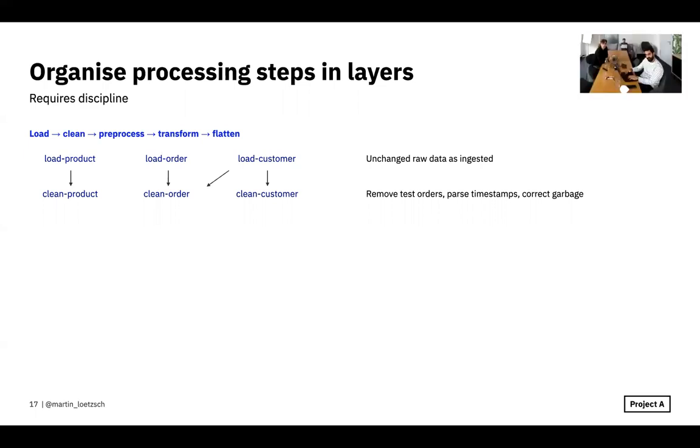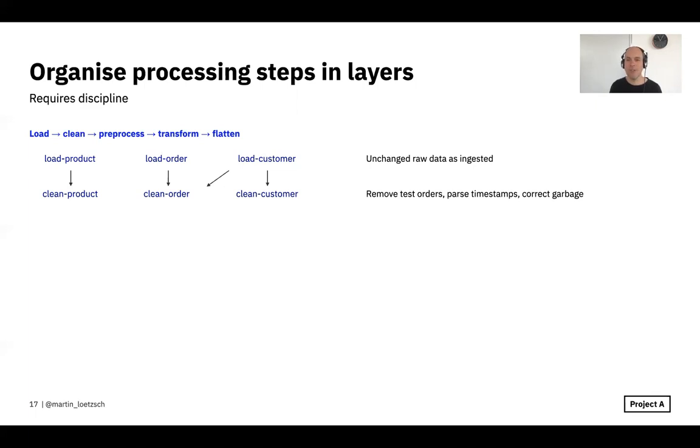Sorry? Yeah, so should we already merge things in the cleaning step in that case, or should the cleaning be applied to the different tables and then just temporary tables? So you only apply them to these order tables. You don't change the original table.